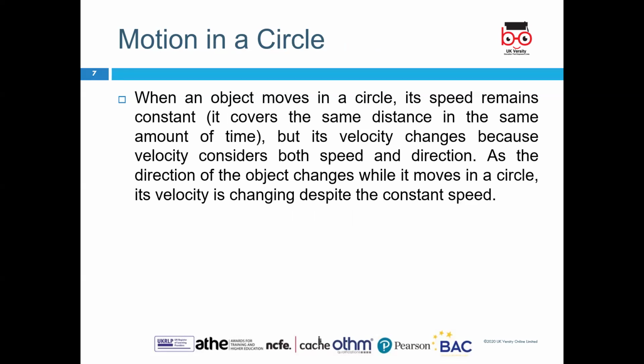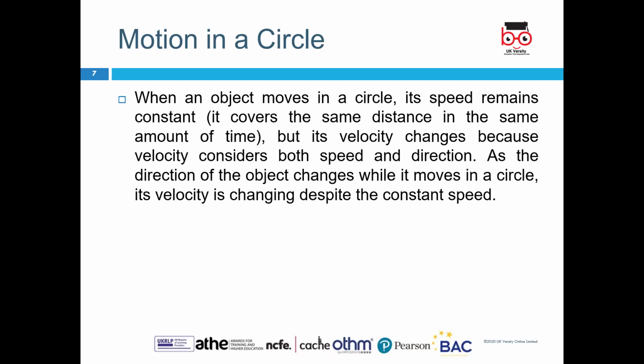If an object is moving in a circle, it can have the same speed, say 25 kilometers per hour, but its velocity changes. For example, it will go east, west, south, southwest. So that way you can measure the velocity, which is in terms of speed as well as direction.